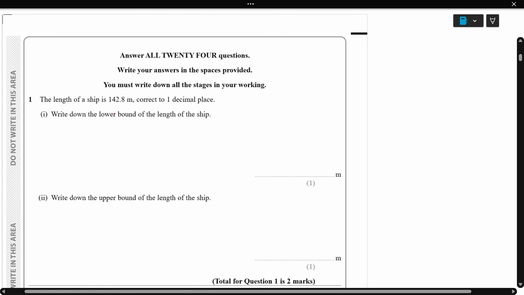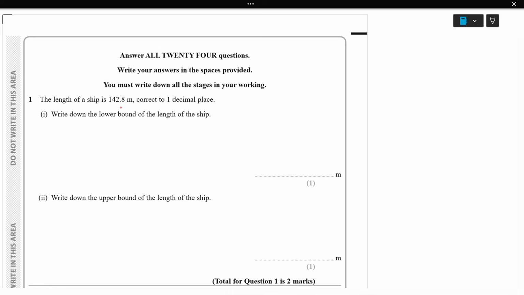The length of a ship is 142.8 meters, correct to one decimal place. Write down the lower bound. So 142.8, nearest 1 dp, so 0.05 up is 142.85, this is the upper bound, and 0.05 down is 142.75.